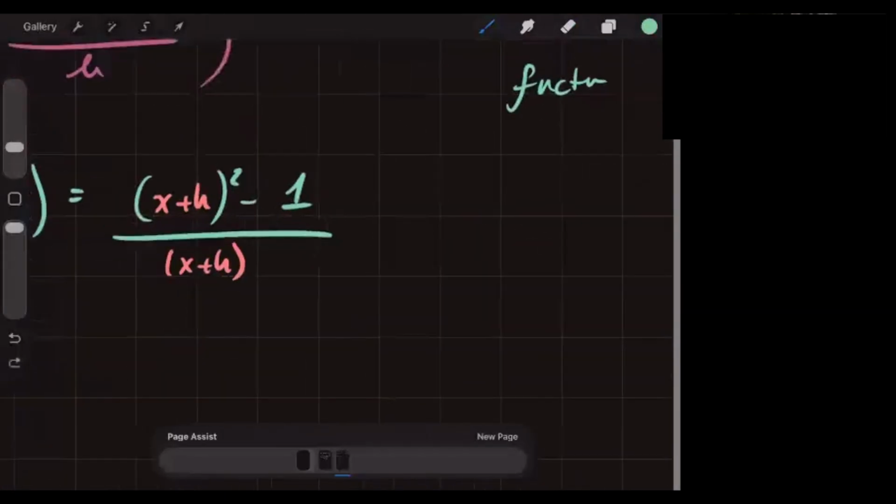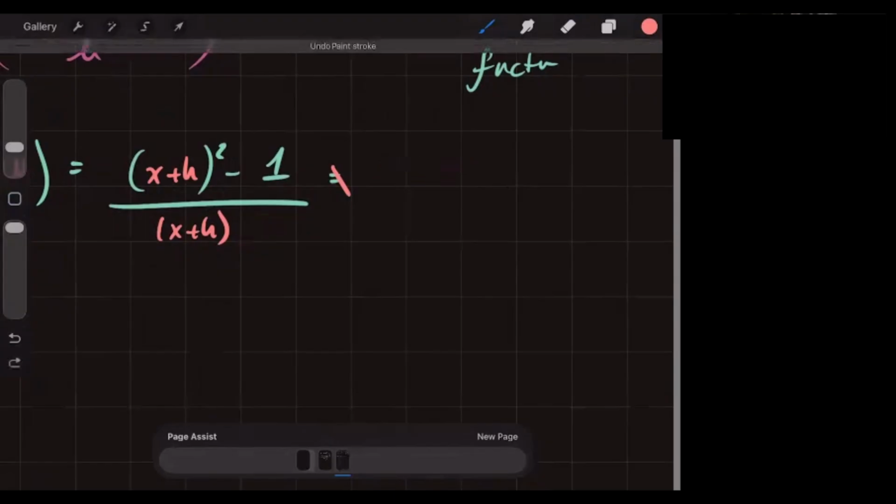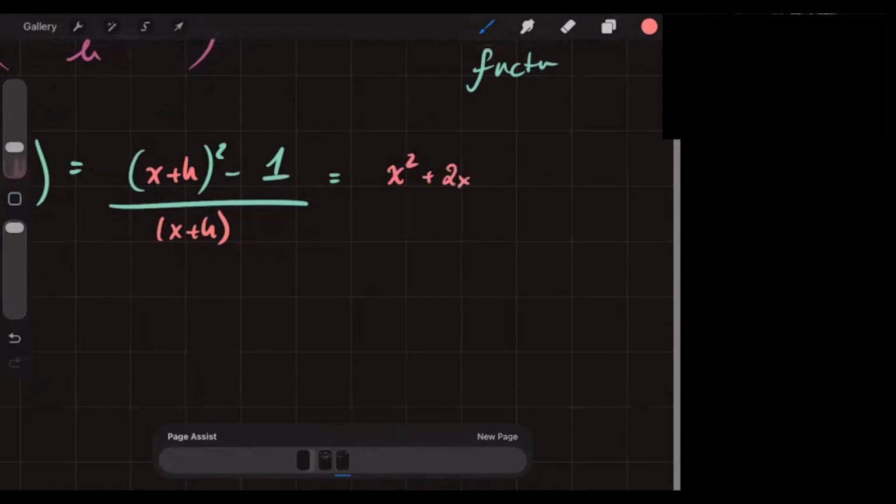Okay. So this is going to equal, it is not going to equal x squared plus h squared. Okay, don't do that. It's going to equal, however, x squared plus 2xh plus h squared, right? And then minus 1. Right, you can leave these in parentheses if you like.